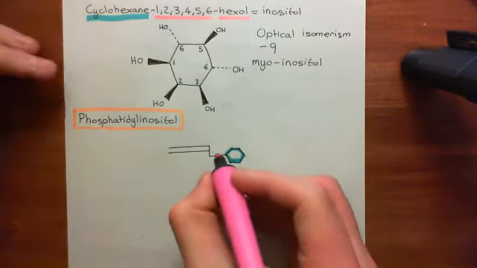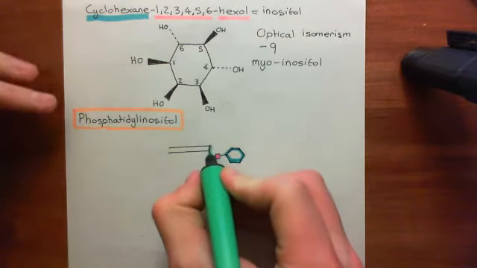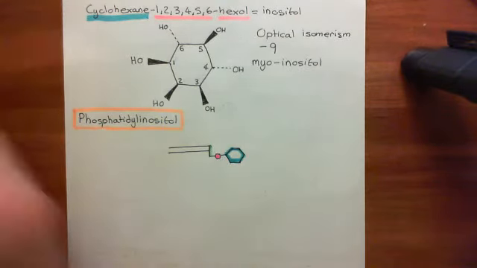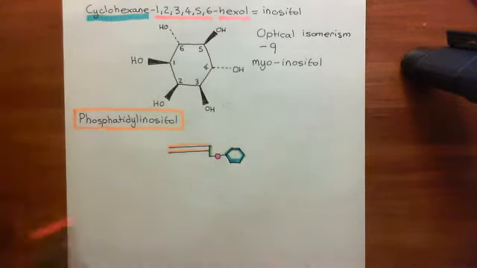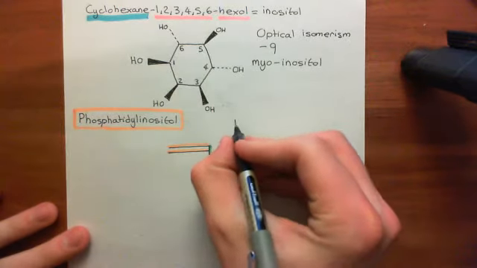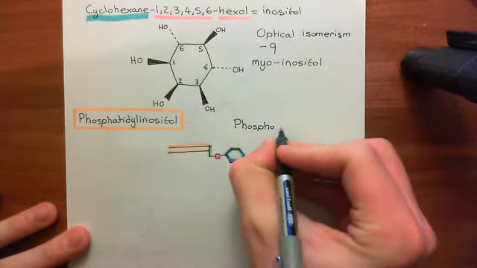Here then is the phosphate group, which is in purple here. The glycerol molecule is this vertical line in green, and then we've got our long-chain carboxylic acids in blue. So this is phosphatidylinositol. So finally now, we are ready to discuss what a phosphoinositide actually is.